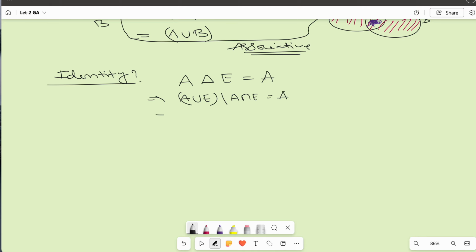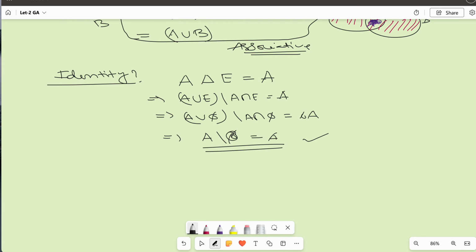It is the empty set: A union empty set minus A intersection empty set is equal to A, because A union empty set is A, and A intersection empty set is empty. This is empty, which is actually E.